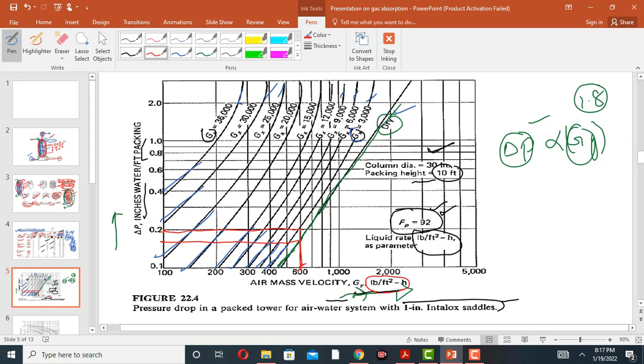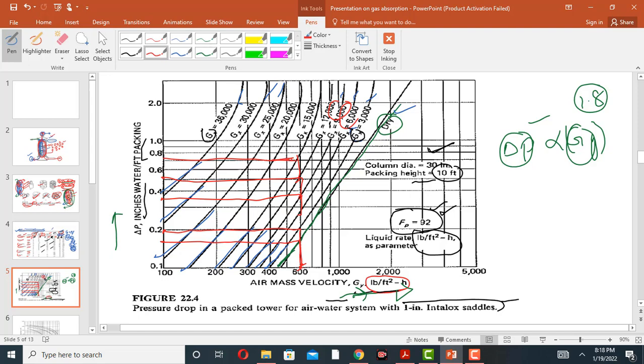If the irrigation is further increased, like for the Gx 6000, the pressure drop will further increase to about 0.28. For Gx 9000, it will be about 0.38. When we increase further, this will be 0.5. For Gx 15000, it will be about 0.73.